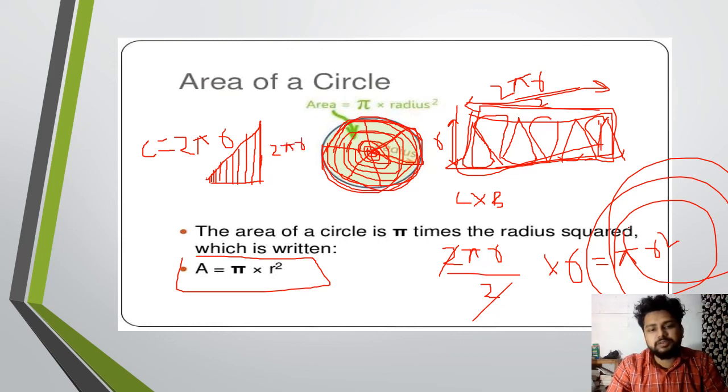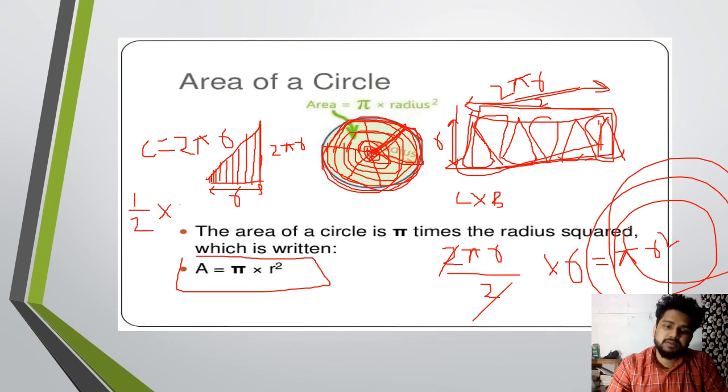Do you know the length of this side, from here to here? This is the radius r.